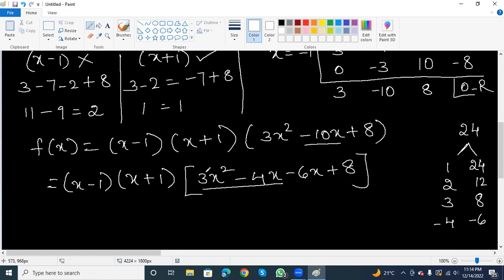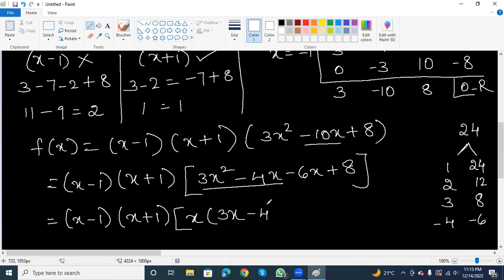In the first two terms, what is common? x is common. So put x outside. And what is left? 3x is left here, and minus 4. In the other two, what is the HCF of 6 and 8? 2. That's it. 2 divides both. HCF is 2. So we can take minus 2 as common. Then 2 goes in 6 three times, 3x.